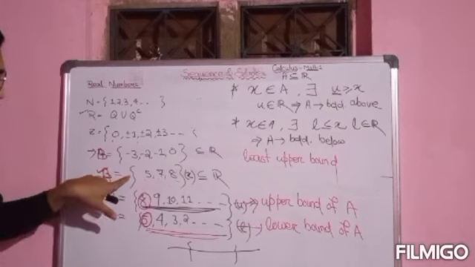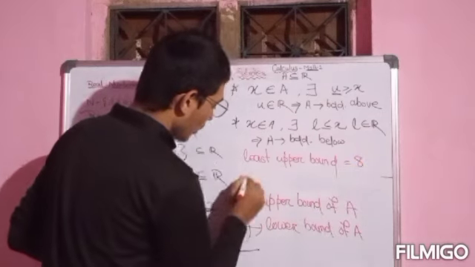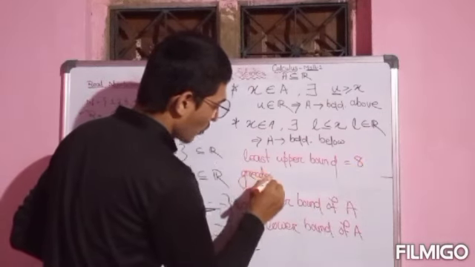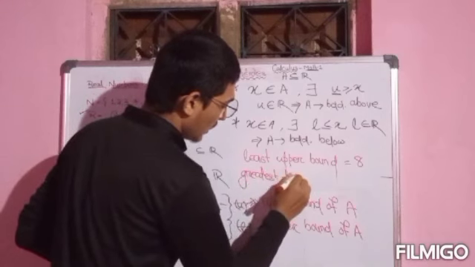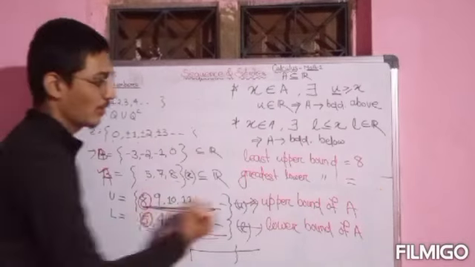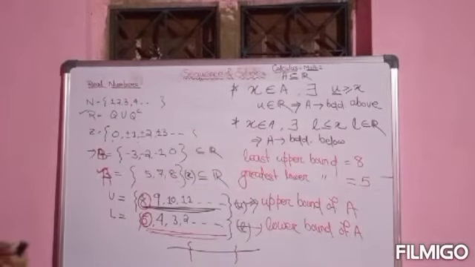So for this set, what is the least upper bound? It is 8. What is the greatest lower bound? It is 5. I hope this is clear.